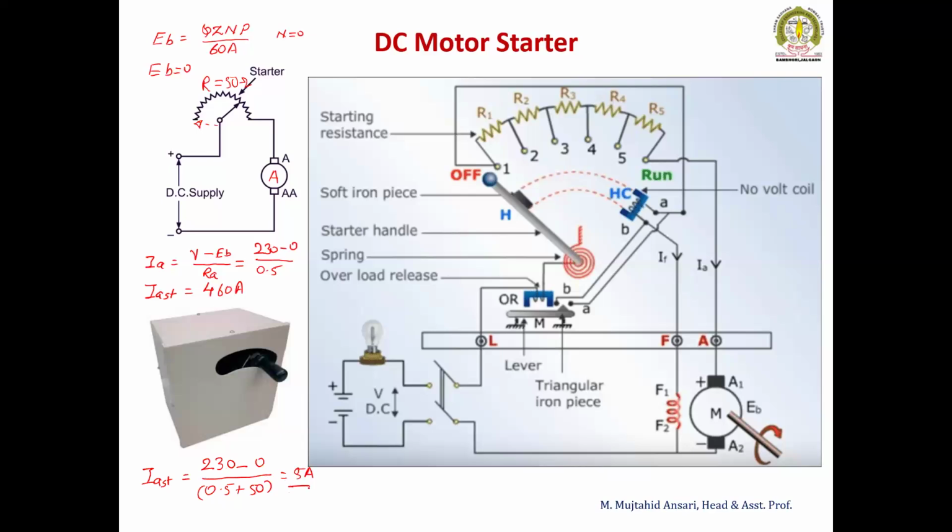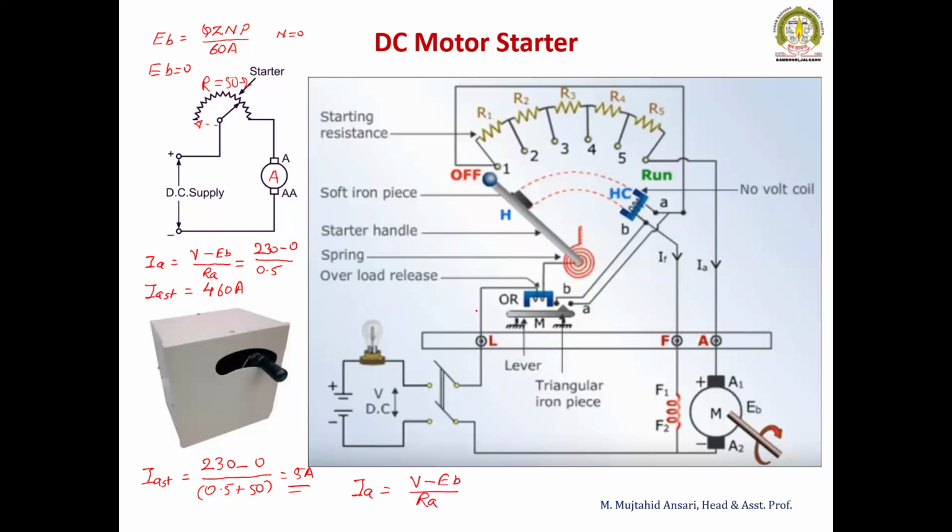This 5 ampere is a safe value, and once the motor picks up speed, the back EMF starts developing, and we gradually reduce the external resistance connected in series with the armature. At running condition, armature current is equal to supply voltage minus back EMF divided by the resistance of the armature circuit.